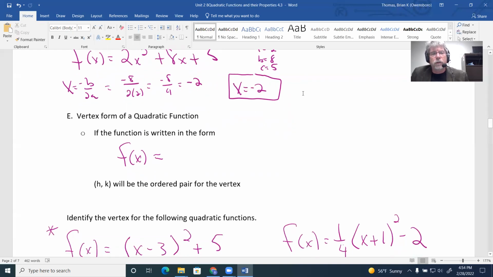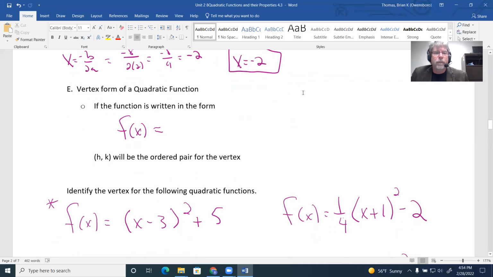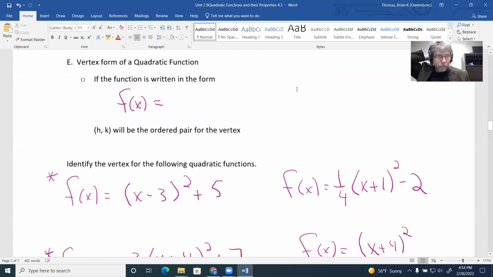Again, we use a special formula x equals negative b over 2a. Now, the vertex form of a quadratic equation, some quadratic equations will be written in the form of a times x minus h squared plus k. This is called the vertex form of the equation.